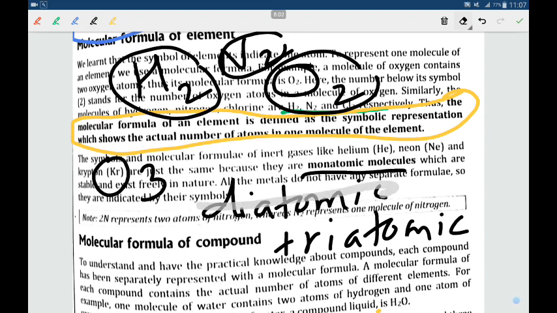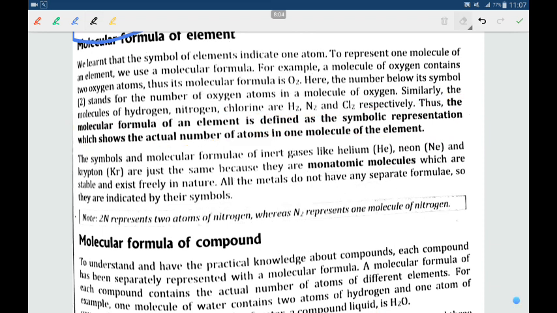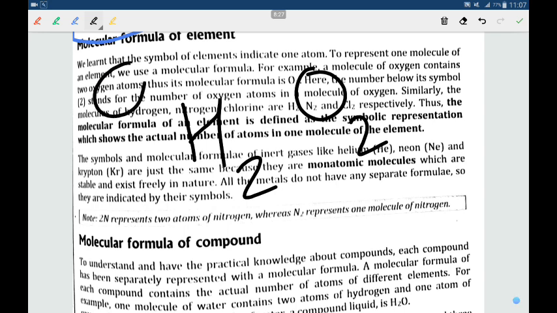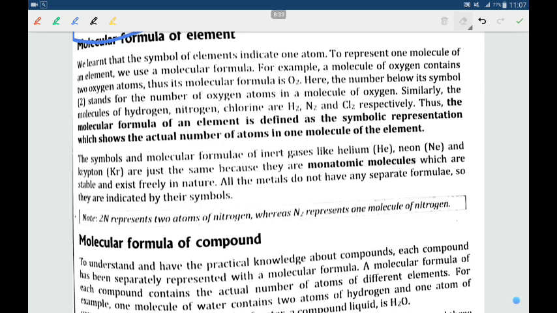Okay students, what to keep in mind? If I write here H, this is an atom, H2 molecule. Like O, oxygen atom, O2 molecule. Do you know the difference between O2 and 2O?